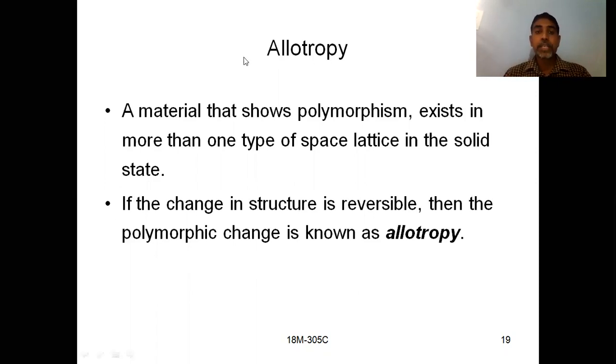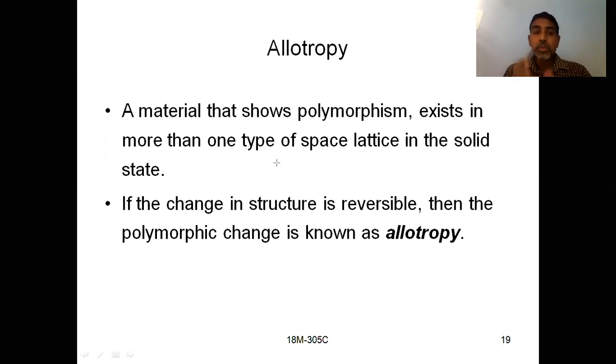I am repeating once again, very, very important. A material that shows polymorphism exists in more than one type of space lattice. Polymorphism is nothing but a material having more than one crystal structure.